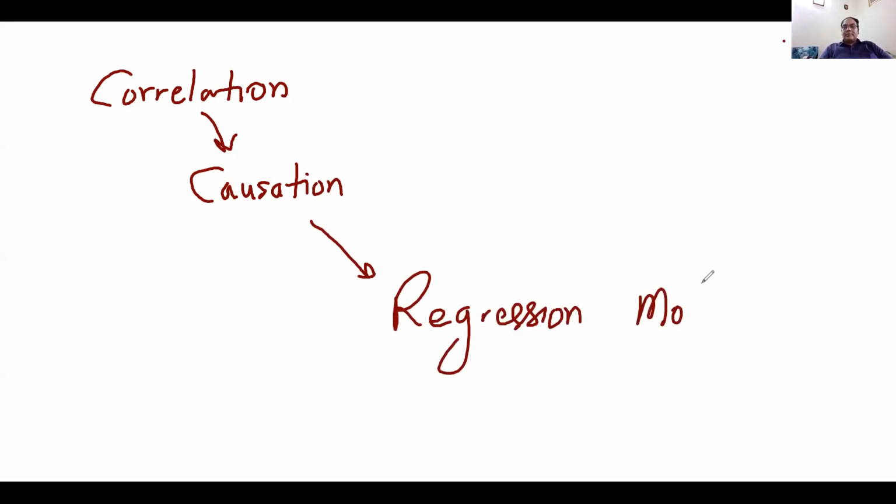One thing is very clear here: you can apply regression models only when causation is there. When causation is not there, you cannot go for a regression model. One thing should be clear.